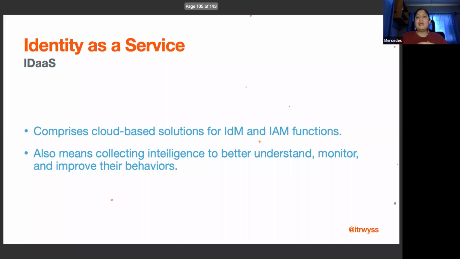We can use identity as a service. So basically, we are delegating the handling of all this identity management and identity and access management to a third-party application. Another thing that I found is that sometimes developers are scared of losing control of things in the system.